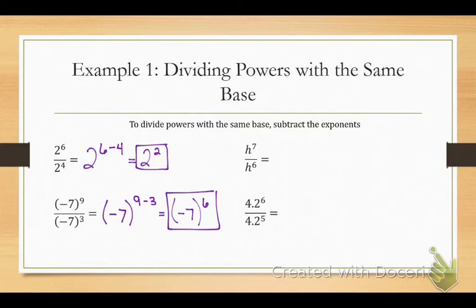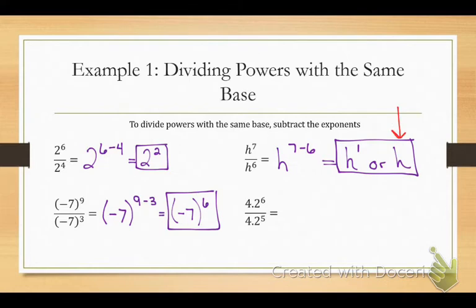Okay, do you think you could do the other 2? I do. All right, so go ahead and knock out the other 2, and then I want you to compare your answers with someone sitting around you. Okay, so h to the 7th power minus 6 is h to the 1st power, but remember, if it's to the 1st power, do you technically have to write it? No. So I would also accept, and I would say probably the second answer is actually fully correct.